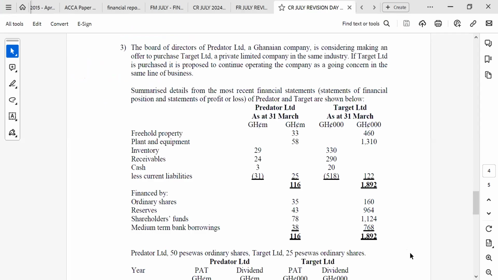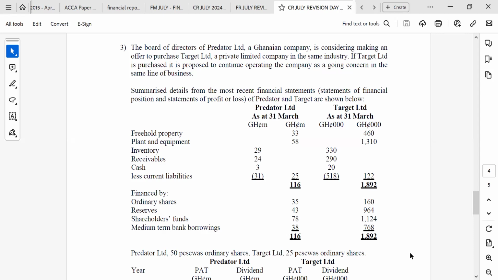In the exam situation, can you write PPE? Yeah, no problem. PPE is accepted. But if you're writing the PPE, you can see that they have separated the freehold, but you can combine the two. Then you now have 460 and 310. You write PPE and combine the two, because you can see that the property is separated from the plant and equipment.